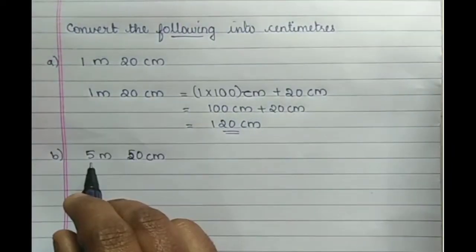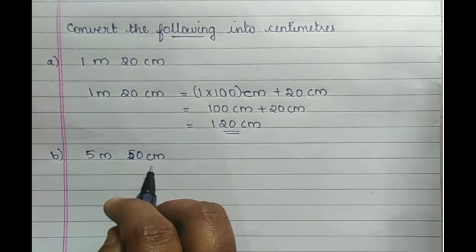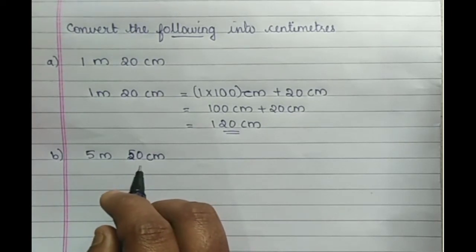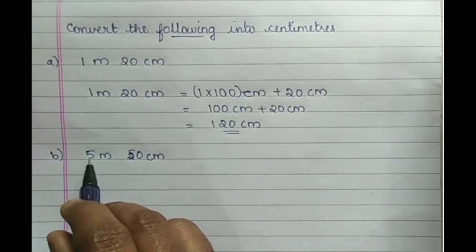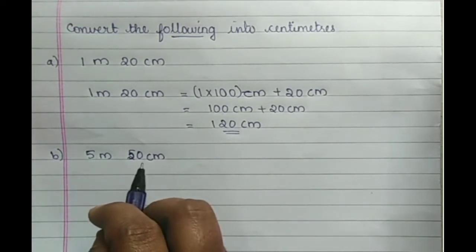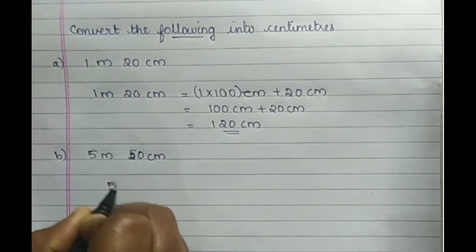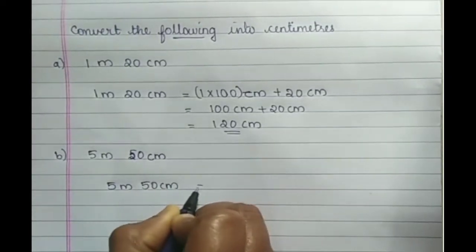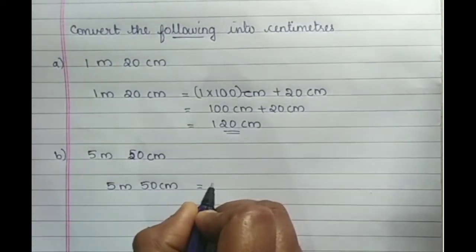Here is our next question. 5 meters 50 centimeters. Here we should convert this into centimeters. For that, first we should convert 5 meters into centimeters. Then to the answer we should add 50 centimeters. So we can write 5 meters 50 centimeters is equal to, multiply 5 with 100.